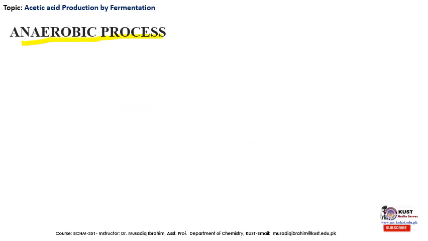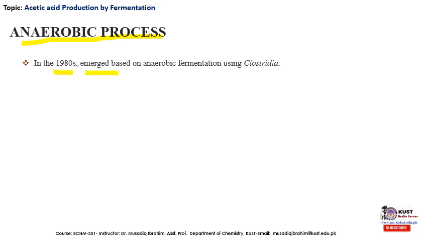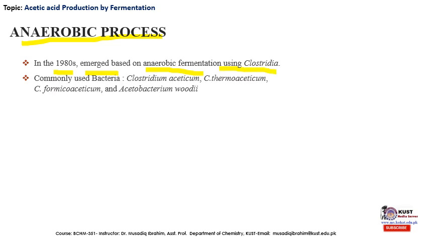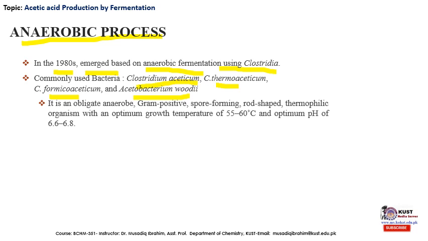Now, in relation to the anaerobic process for the production of acetic acid, in the 1980s this process emerged based on anaerobic fermentation using the Clostridia genus of bacteria. The commonly used bacteria are Clostridium aceticum, Clostridium thermoaceticum, Clostridium formicoaceticum, and Acetobacterium woodii.